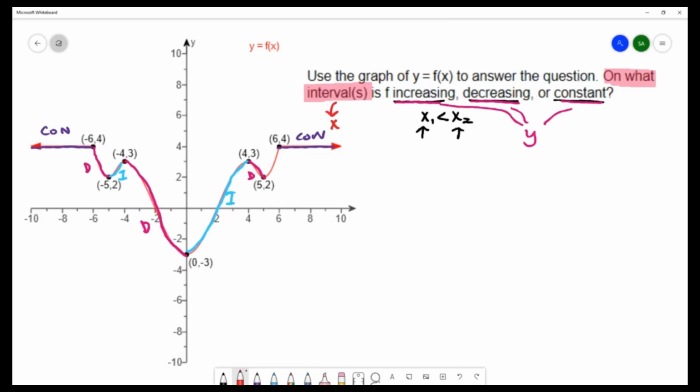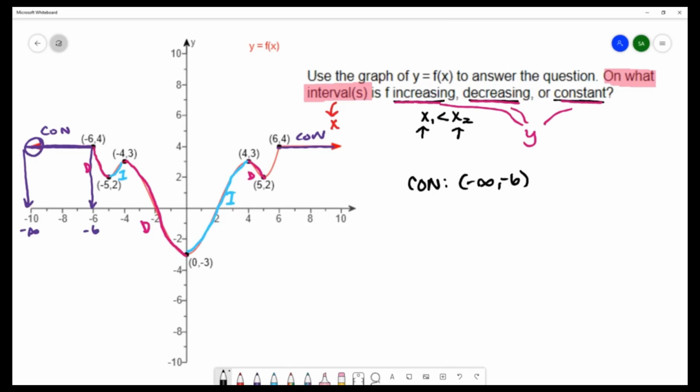So when I look at those x intervals, I'm imagining this line being sort of projected down onto the x-axis, and where is that interval starting and stopping. So because of this arrow, it's starting at negative infinity and stopping at an x of negative 6. So we have an interval of constant which goes from negative infinity to negative 6.